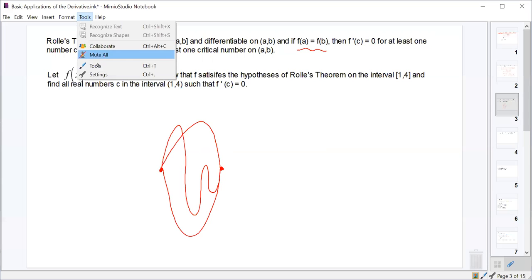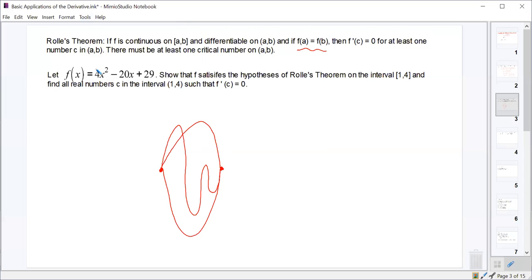Even if I tried to draw, let's say, a horizontal line through there. Oh, that was supposed to be horizontal. Right, if the derivative is equal to 0 at at least one place on that interval, it's equal to 0 at every place on there.